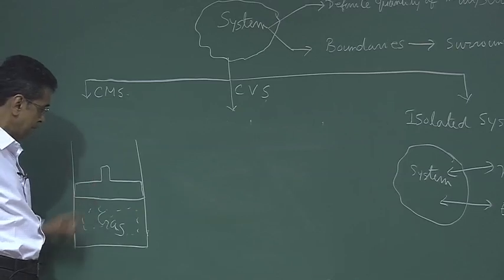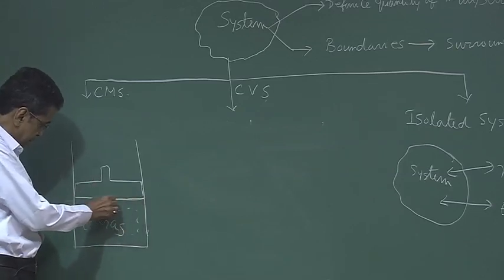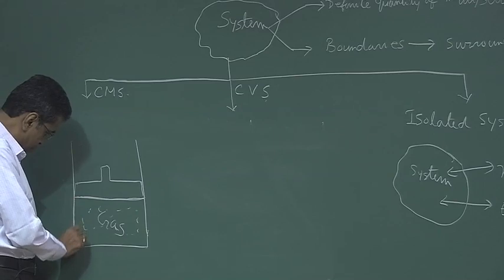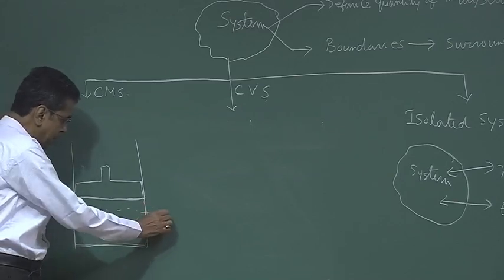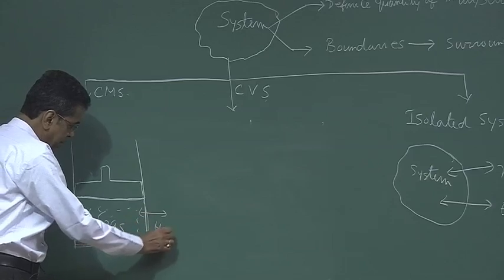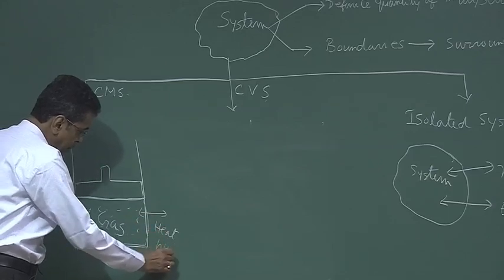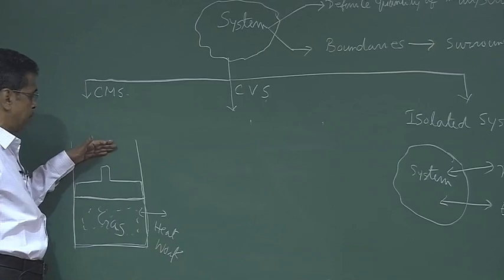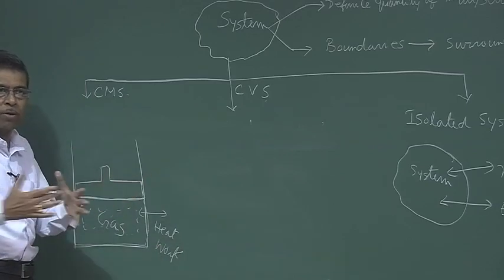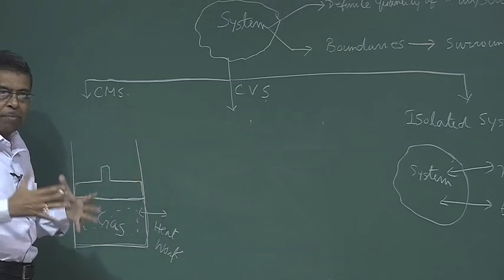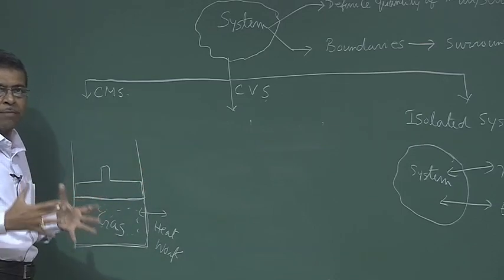Here these are the system boundaries: the face of the piston and the wall of the cylinder. There may be both heat and work transfer. For example, the piston may go up, come down. That means for the boundary there is no restriction. The boundary may be flexible, may expand, may contract, but the mass within this system will remain the same with the same identity.